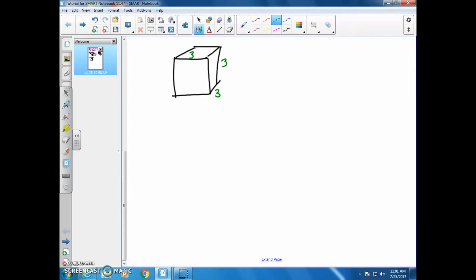So looking at our sides, we could do the surface area first. Remember, area is length, that's 3, times width, that's 3, times the number of sides, that's 6. So 3 times 3 times 6 is going to give us 54.